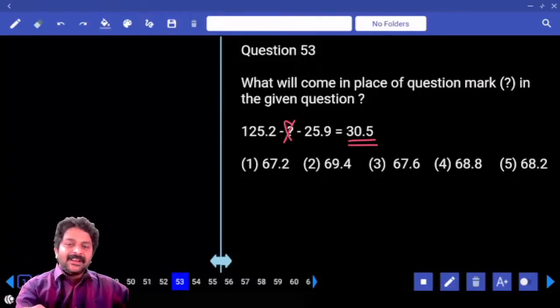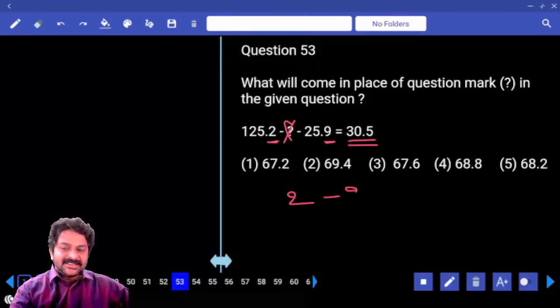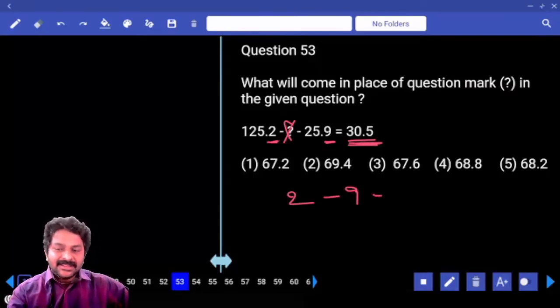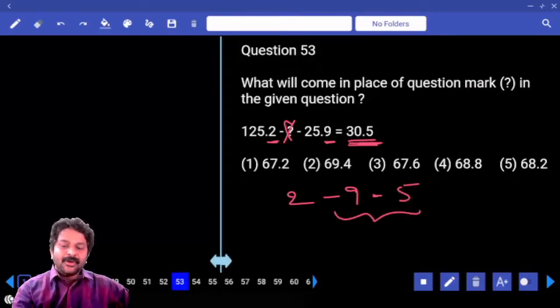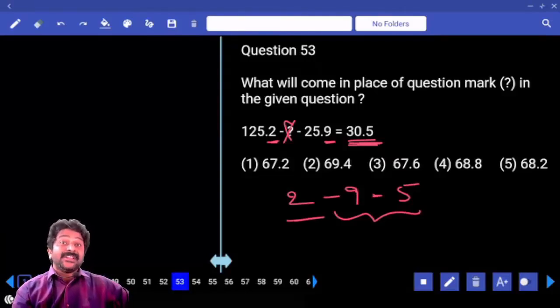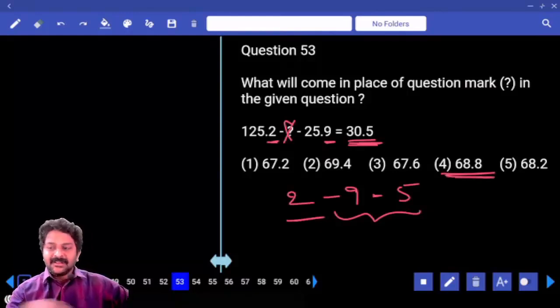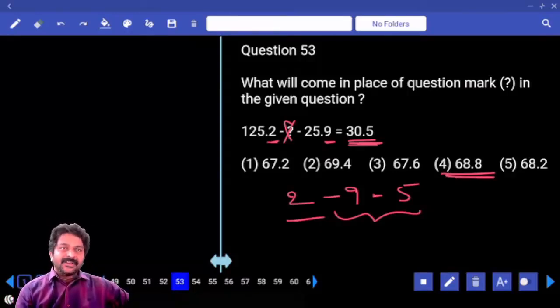The left hand side positive number ends with 2. Already there is a negative number, last digit 9. 30.5 will come to the left hand side and it becomes a negative number, and this number ends with 5. 9 5 ends with 4. 2 minus 4 ends with 8. So answer must end with 8. How many options are there? Only one. Fourth option, final.